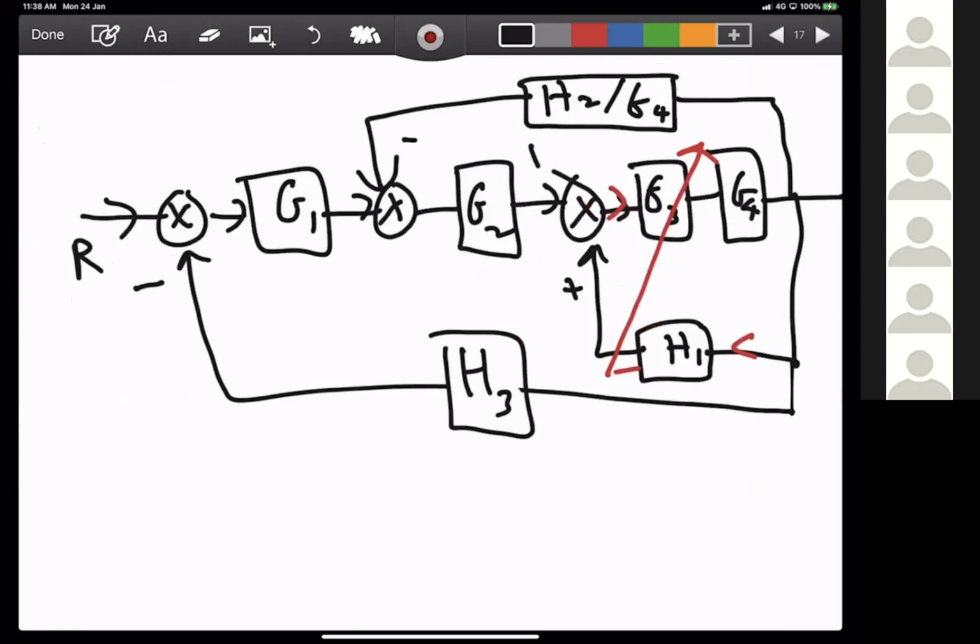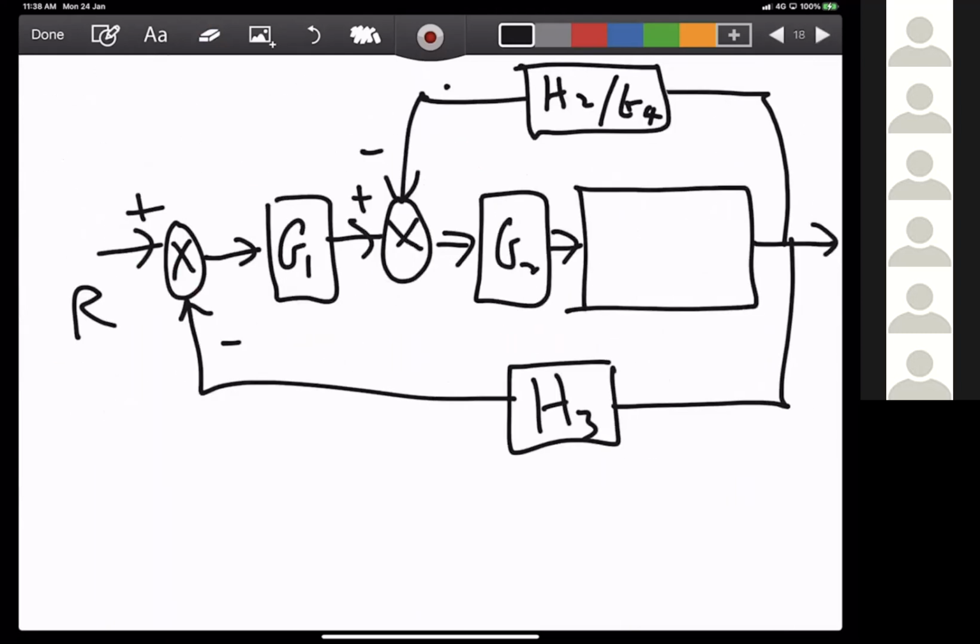G3 over G4. G3, G4, oh, G4 over G4. 1 minus G3, G4, H1. Okay. Sebab dia positive feedback. Okay. Berserah dah. Kita berulang kaji lagi ni. Next. What next?